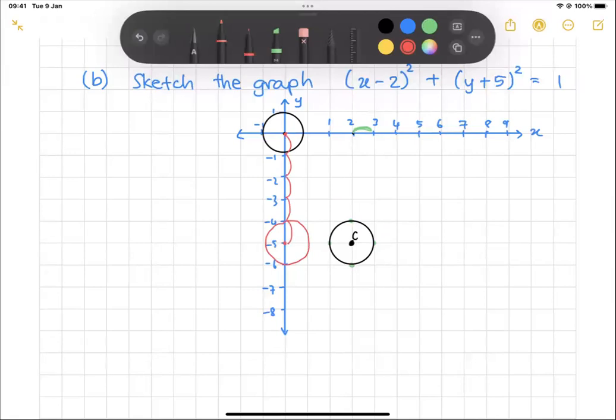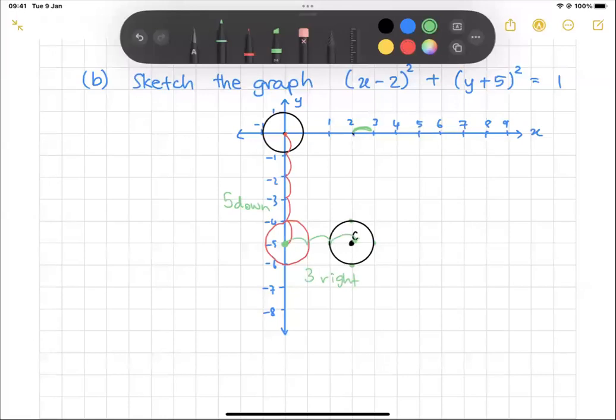But that's not the exact same circle. So from this green one here, I'm now going to leap to the right, 1, 2, 3, making sure that the center is where it's supposed to be. So I went 3 to the right and 5 down.